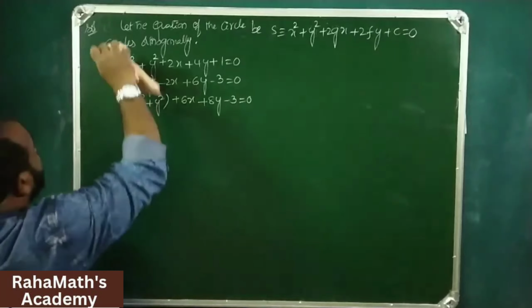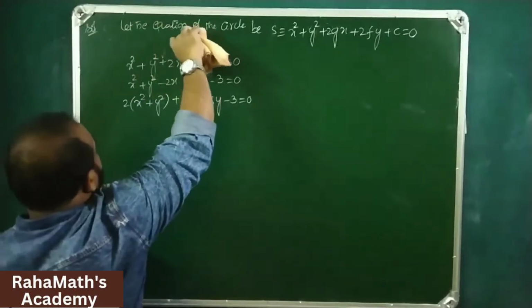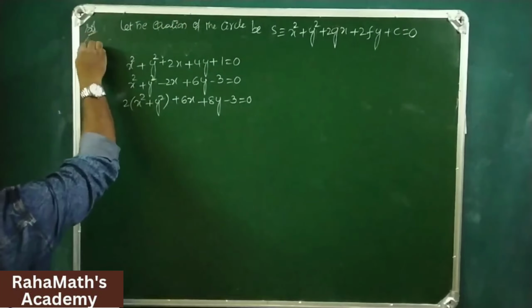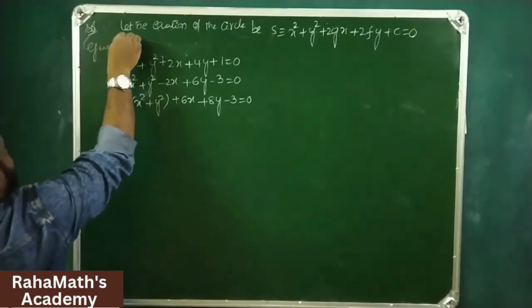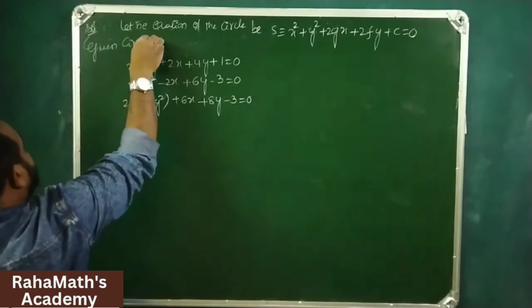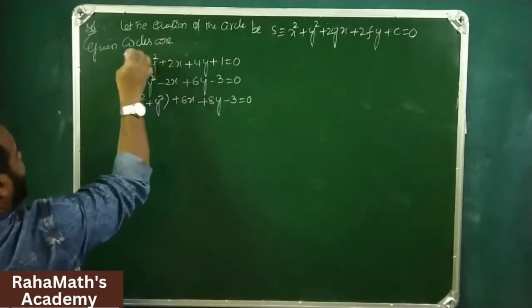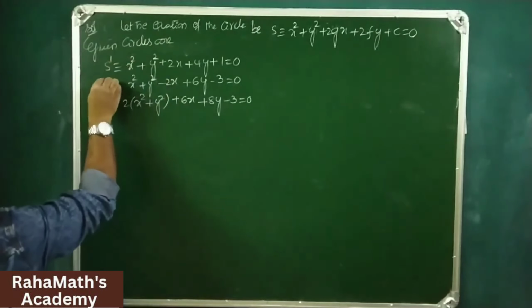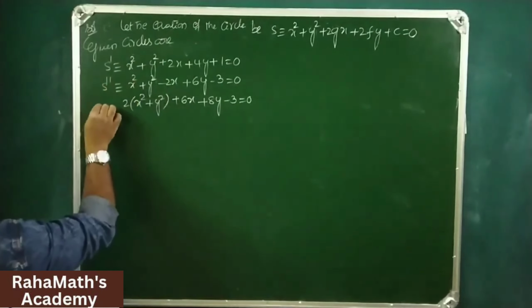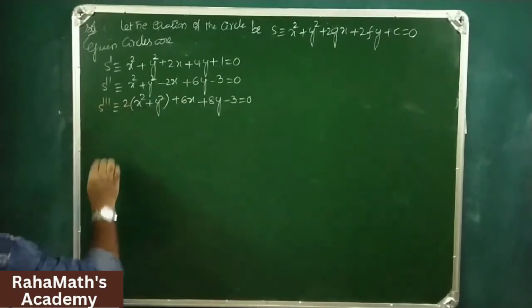Next, the given circles are, I'll take S dash, S double dash, S triple dash.